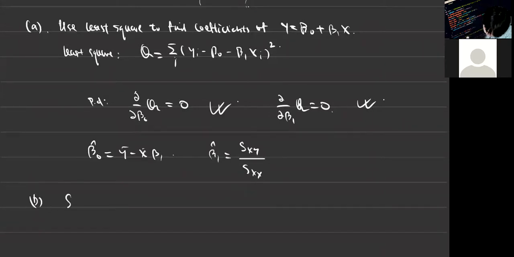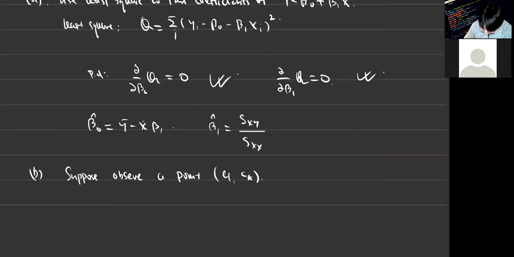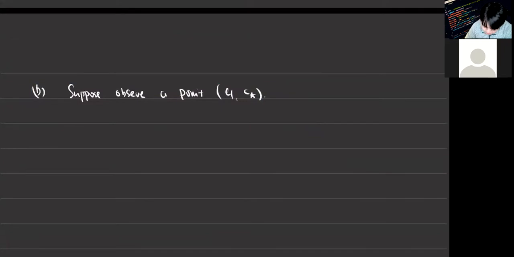Suppose you observe a point. We're going to call it C1, C star. Let me move this to the next page. So B, suppose you observe this, and then you do hypothesis testing.